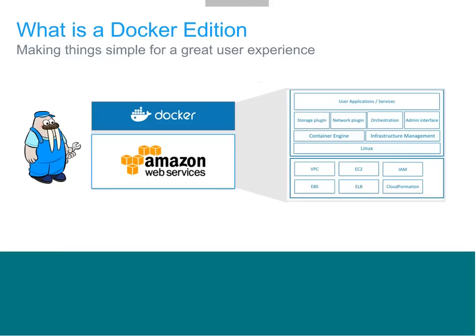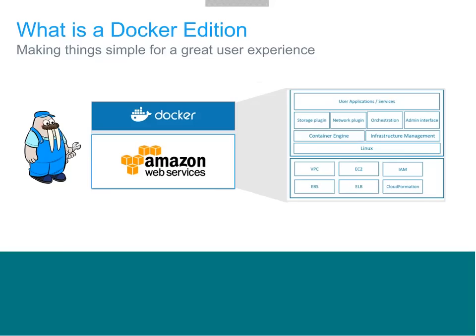And the idea is to take away all the hassle of setting up Docker on that particular infrastructure and figuring out how to run Docker in an optimal fashion. We also take care of upgrades and updates, so you don't have to worry about figuring out how to update from one Docker version to the next. We provide that as a product.